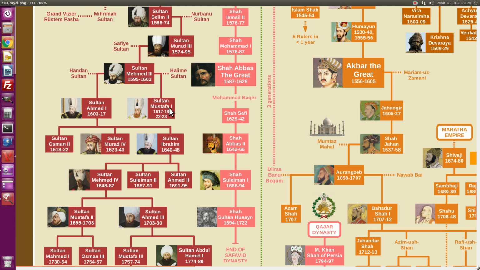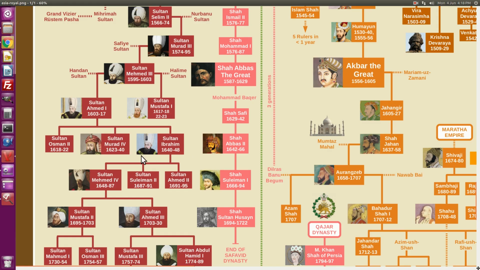And so Mustafa I becomes sultan again, and then it goes to another one of Ahmed's sons before going to a third son. So from this point forward, we often get a lot of different brothers becoming sultans in succession.